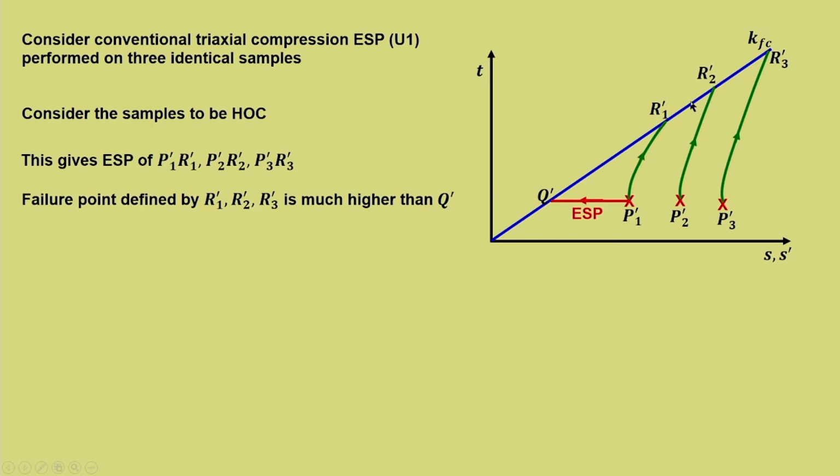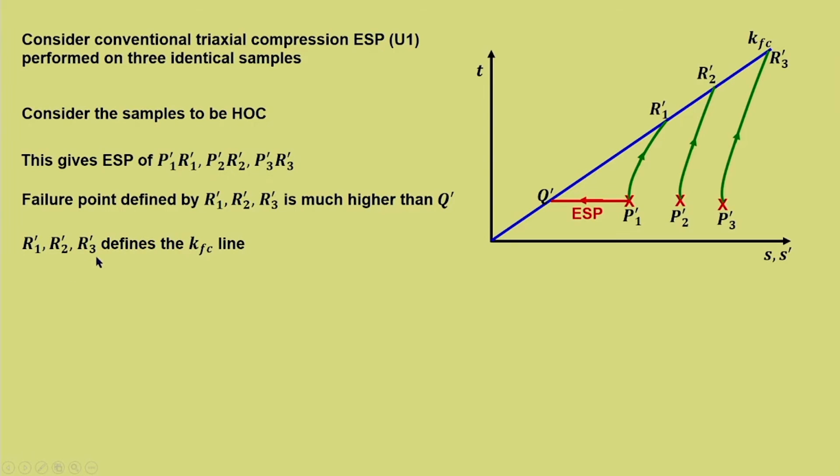You can see that these points are much higher than Q dash, which means the strength that we anticipate from a laboratory test is much higher than the actual strength which is available in the field when an infinite slope fails due to infiltration of rainwater. So, that difference is what we need to understand here.